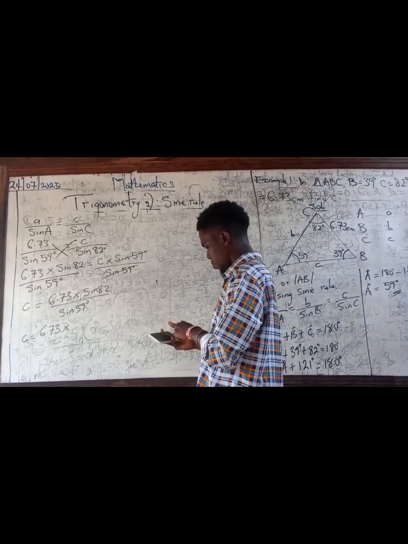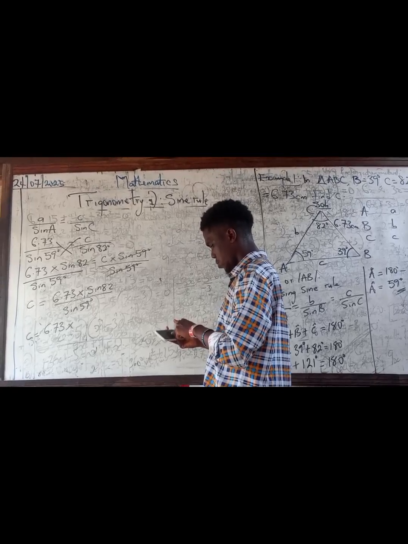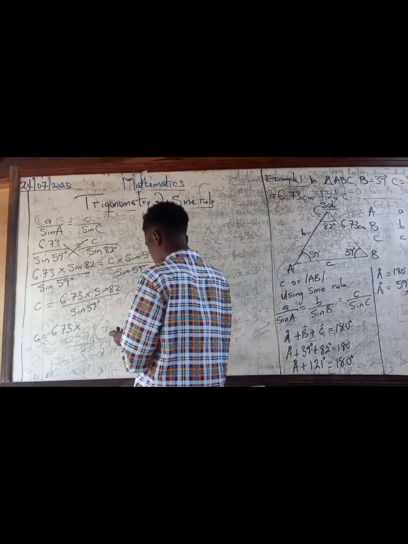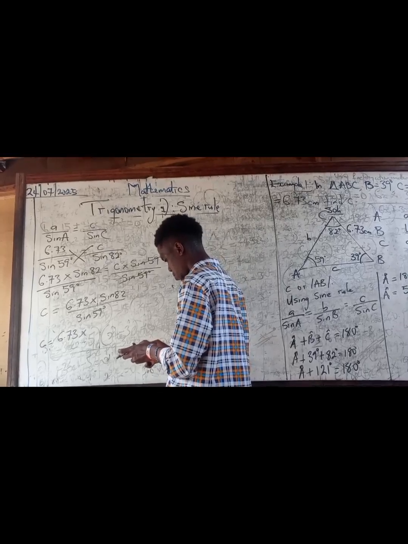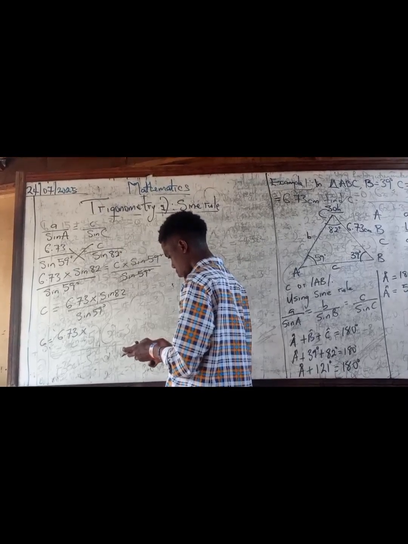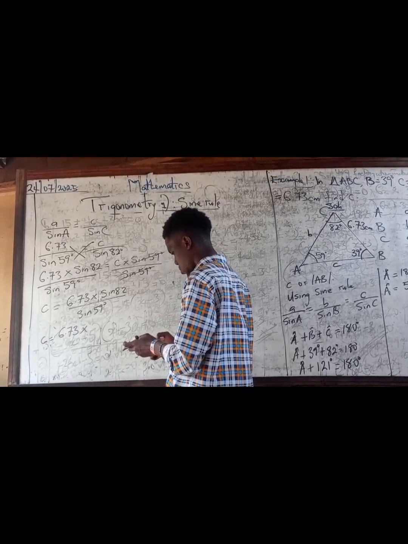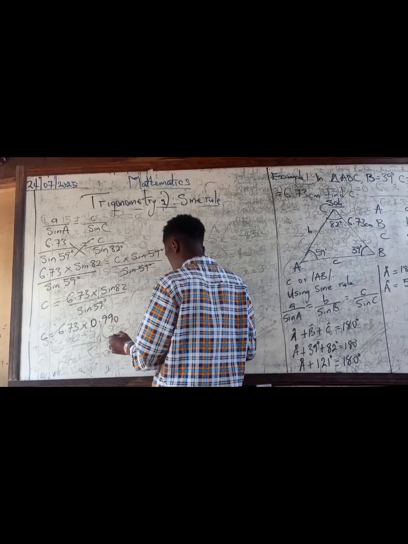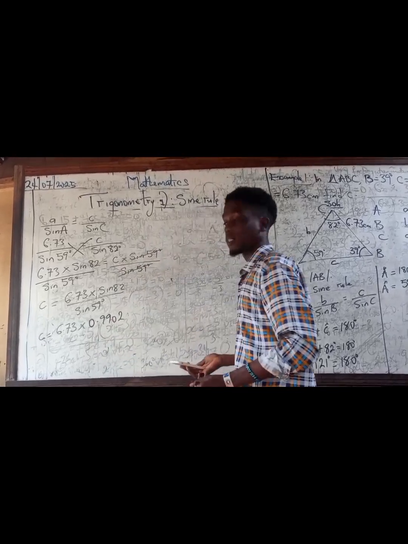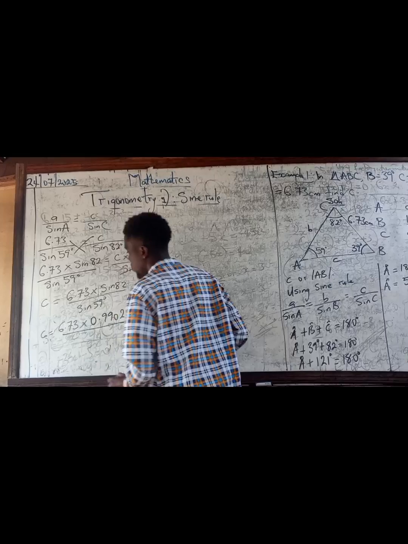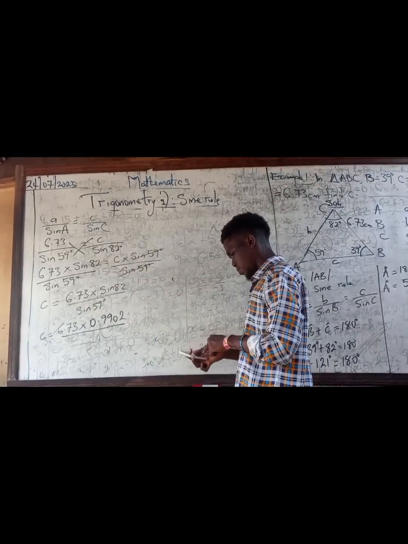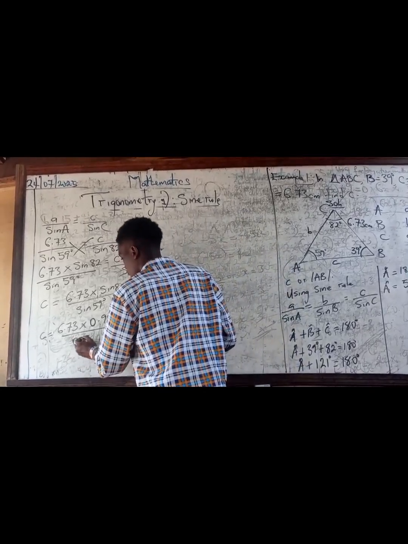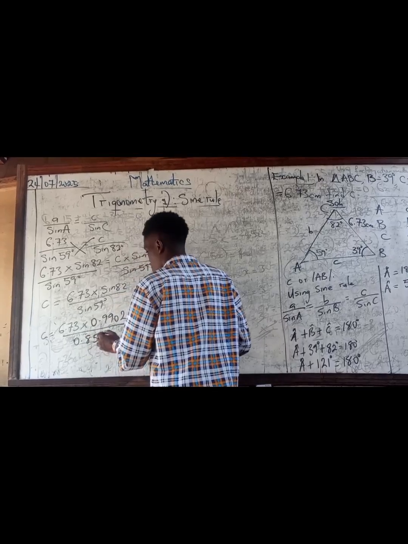Sine 82 gives us 0.9902, over sine 59 degrees, which is 0.8571.